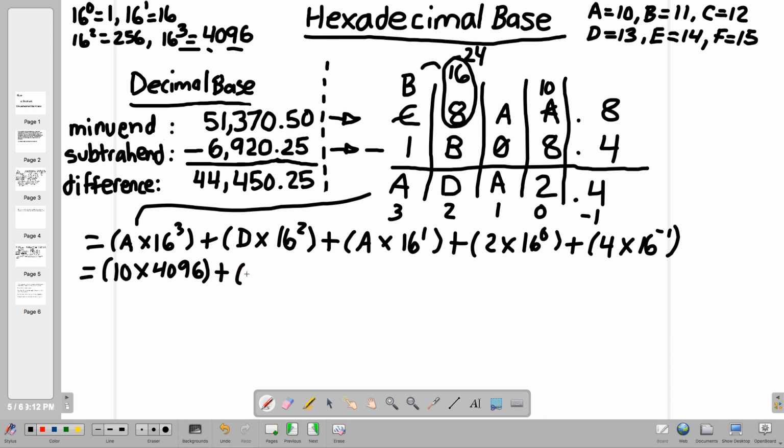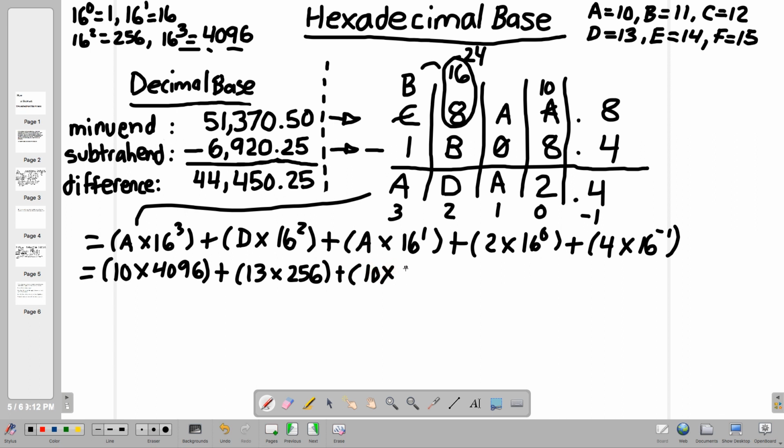Plus D in hexadecimal is represented as the value 13 times 16 to the second power, which is the value 256. Alright, and then we have the letter A again, which is the value 10 times 16 to the 1 power.